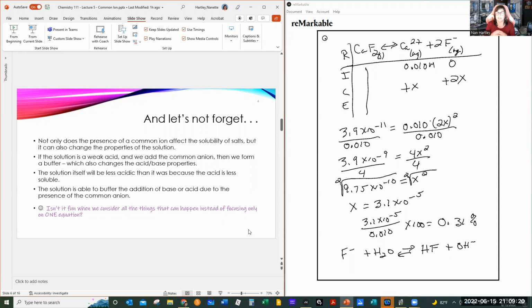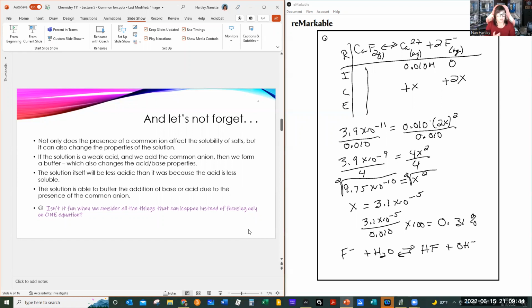Instead of thinking about a single reaction in that beaker, now we have to think about multiple reactions going on in that beaker, and what could possibly happen. Now, Ca2 plus doesn't react with water. But F minus does. So we have to be able to think about that too. If the solution is a weak acid and then we add the common ion, we form a buffer.